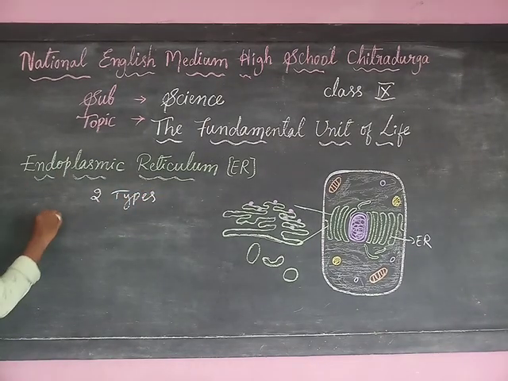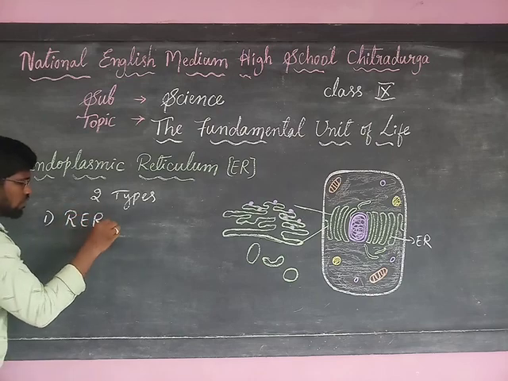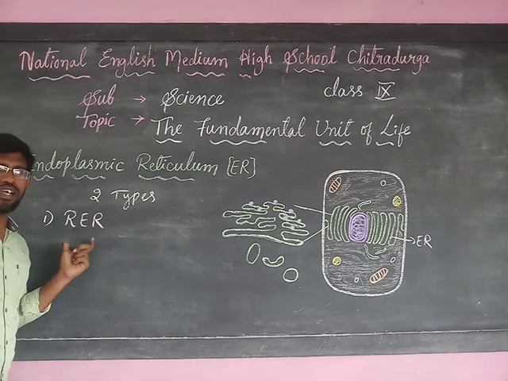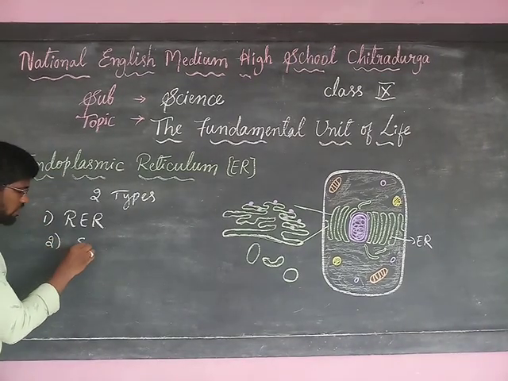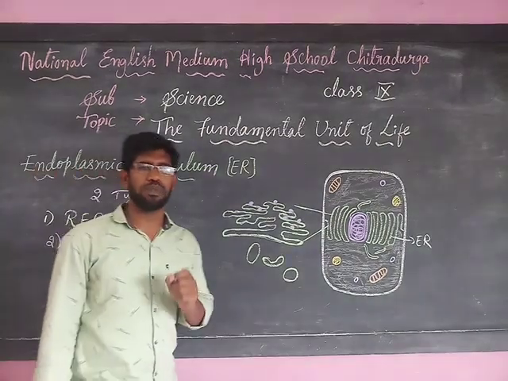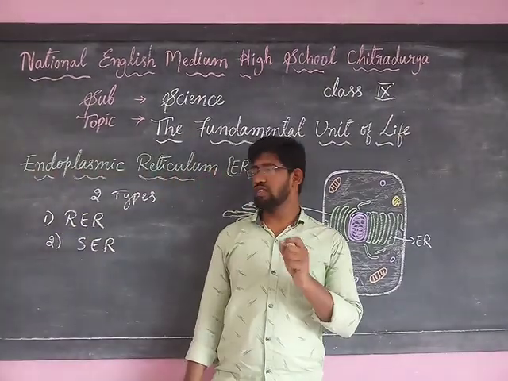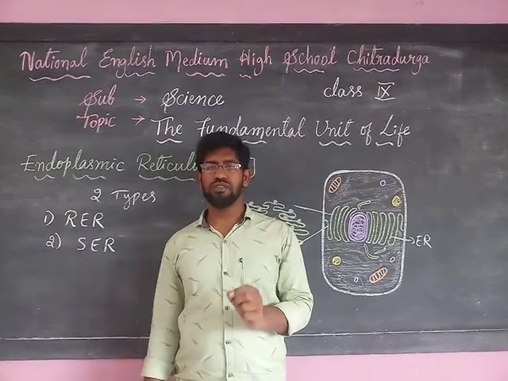The first is called RER. RER means rough endoplasmic reticulum, and the second one is SER. SER means smooth endoplasmic reticulum. The endoplasmic reticulum is classified into two based on their roughness.